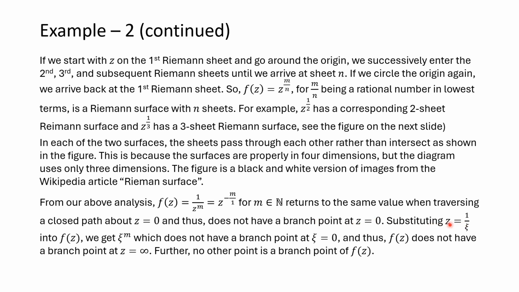And if we put in z equals 1 over the Greek letter zeta, we get zeta to the m, which we already analyzed; this is just a polynomial, so we don't have a branch point at zeta equals 0, which means we don't have a branch point at Roman z equals infinity. And in fact, there are no branch points for this function.